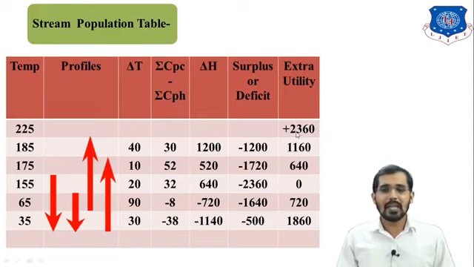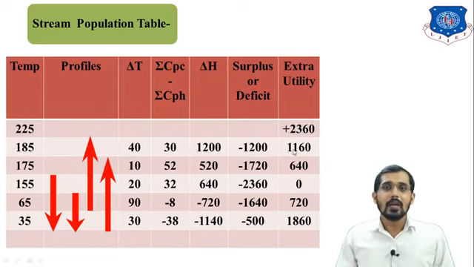Okay. After that, now you have to calculate extra utility. How to calculate these values? You can see here 2360, this value minus delta H, meaning extra utility minus delta H. So 2360 minus 1200 is nothing but 1160.